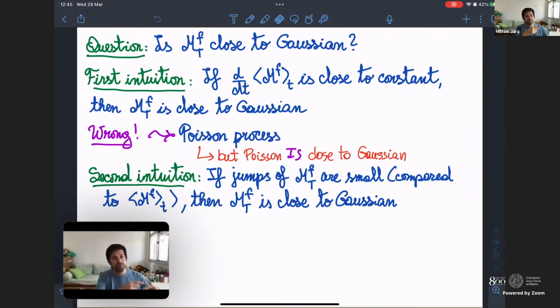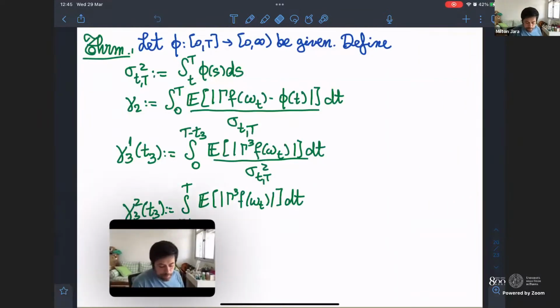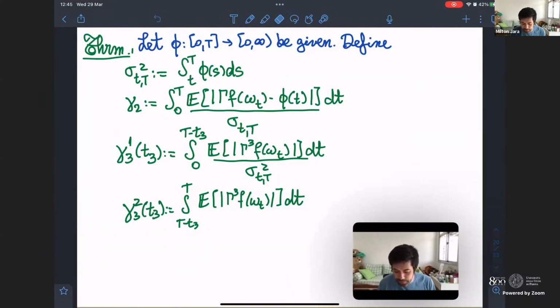It means that the jumps are small. So if a martingale has these two properties, the quadratic variation is close to constant and the jumps are small, then the final value of this martingale should be close to a Gaussian random variable. So how do we implement this in practice? We have a theorem.